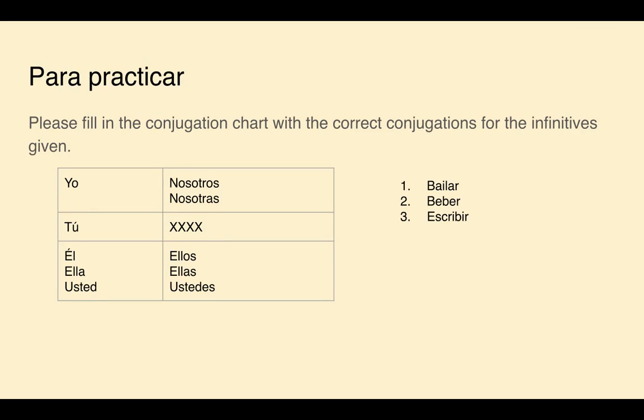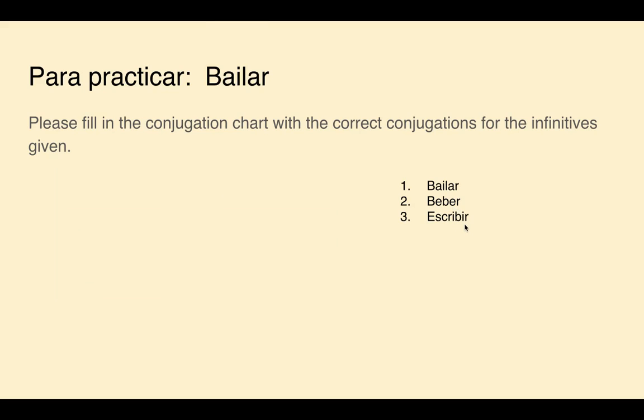Para practicar, you are going to do 3 more verbs: bailar, beber, escribir. Do the same procedure where you write in the stem, then put on your ending. Pay close attention to whether you are doing an AR verb, an ER verb, or an IR verb. And our first one is bailar.